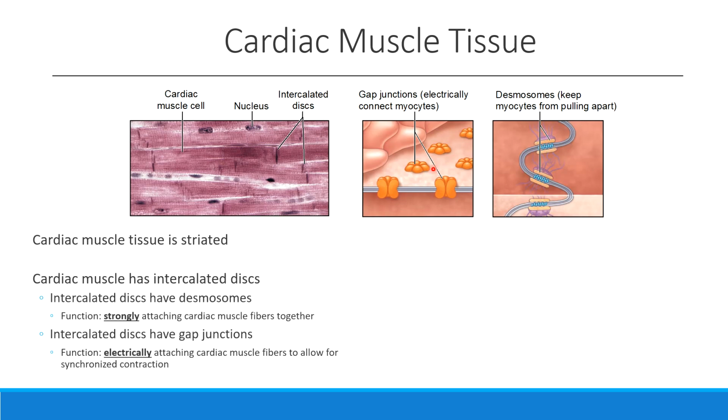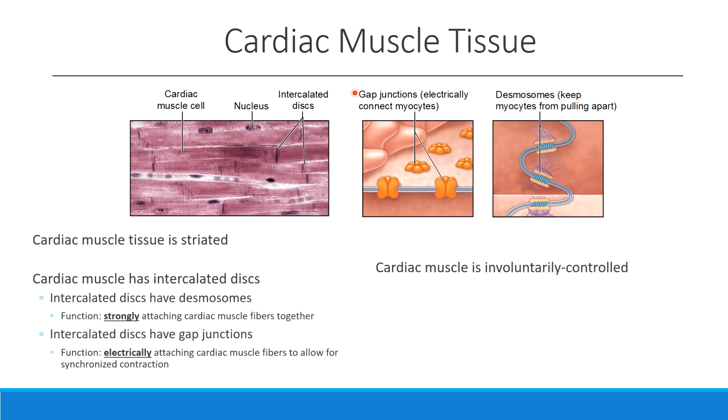So if this muscle cell has an electrical charge, it literally has little tunnels to just send that electrical charge to its neighbor. By having these gap junctions, cardiac muscle tissue cells are able to function together, or they're able to contract at the same time because they're all receiving and sharing this message together at the same time.